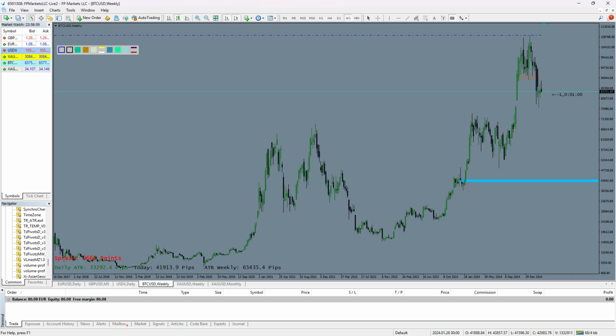And 50% of this shadow, if I mark it, is here. I believe somewhere between $40,000 and $43,500 for Bitcoin would be the place that I think about being a buyer.